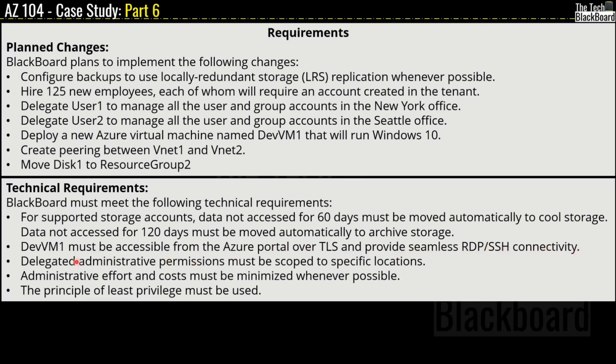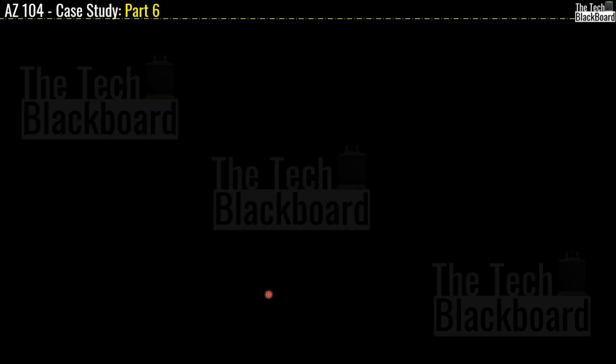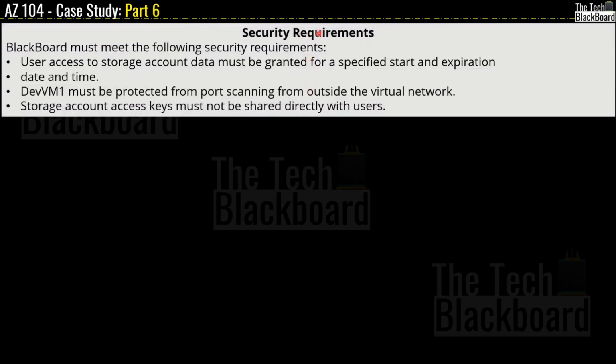The third one says delegated administrative permissions must be scoped to a specific location. And then we have administrative effort and cost must be minimized whenever possible. The last one says the principle of least privilege must be used. In the next section, we have details on security requirements. Here it says that Blackboard must meet the following security requirements.